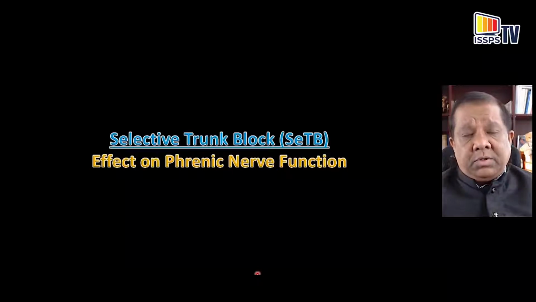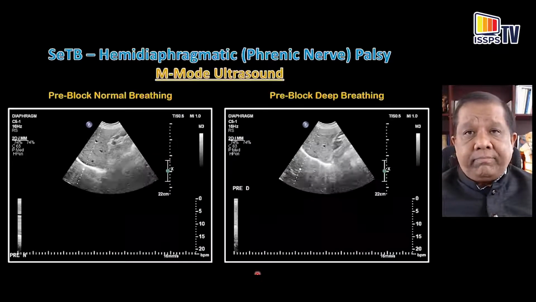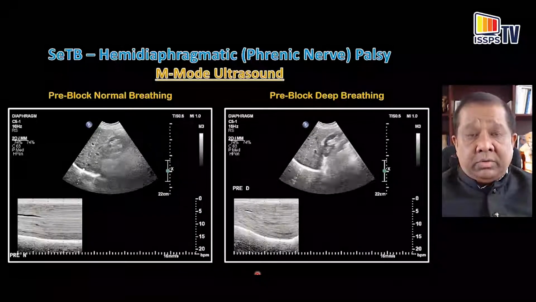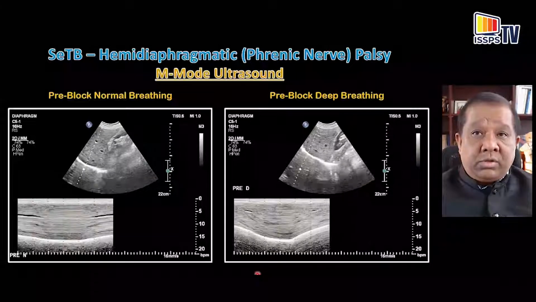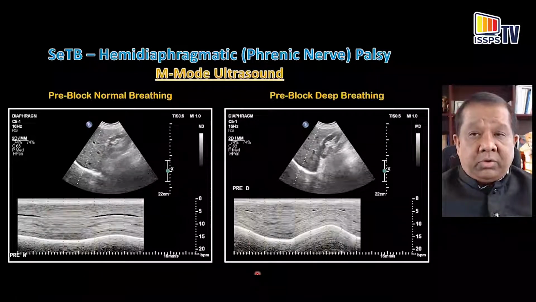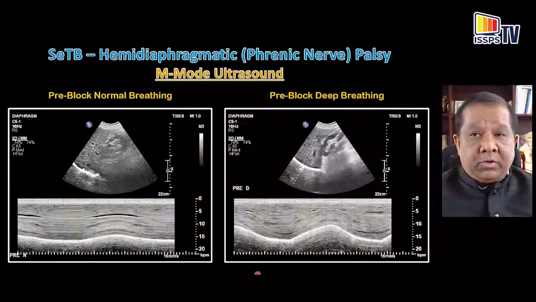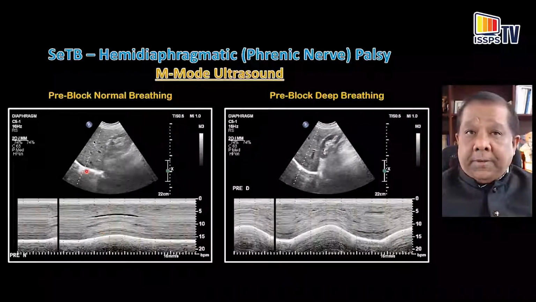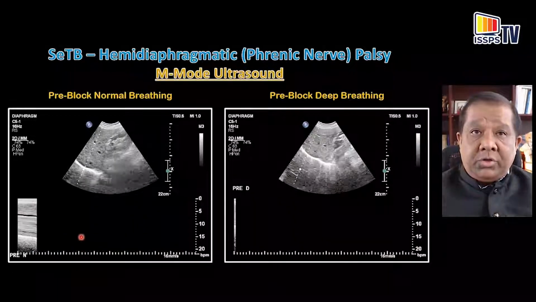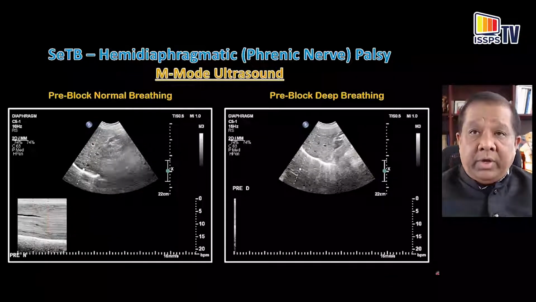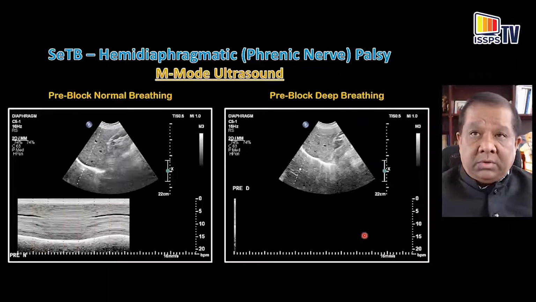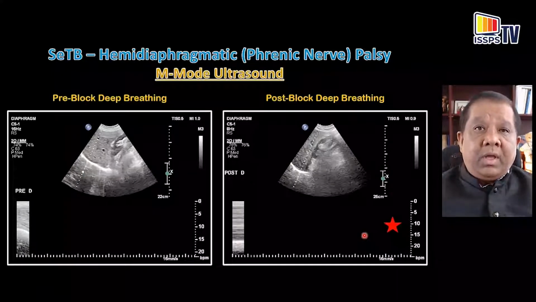The next question that we would like to address is, what is the effect on the phrenic nerve? As you can see here, this is M-mode ultrasound that we performed in our patients. We are able to perform them in the supine position, and you can see here the diaphragmatic excursion in the normal, quiet breathing, and to your right is the diaphragmatic excursion on maximal deep breathing.